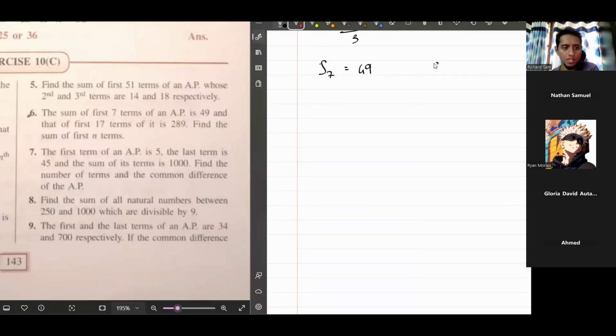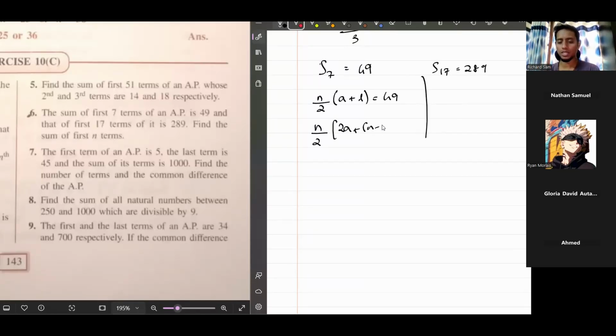Sum of 7 terms is given and sum of 17 terms is 289. So we have two formulas for sum. One formula is n upon 2 into a plus l is equal to 49. Or you can use the other one, that is n upon 2 into 2a plus n minus 1 into d is equal to 49.